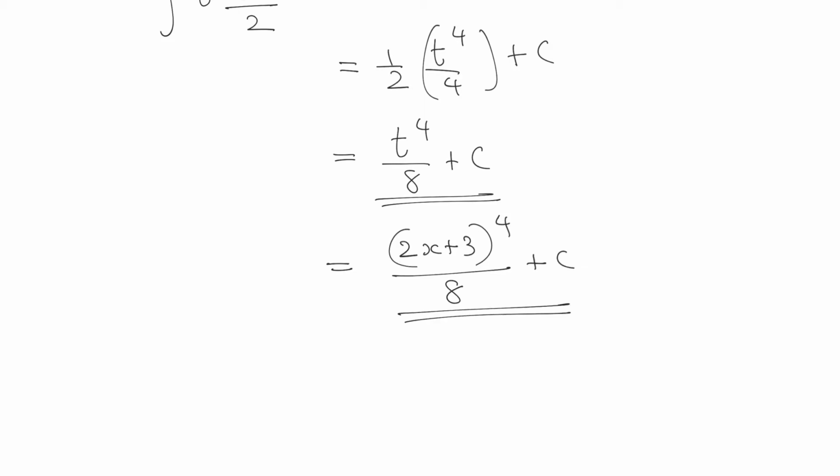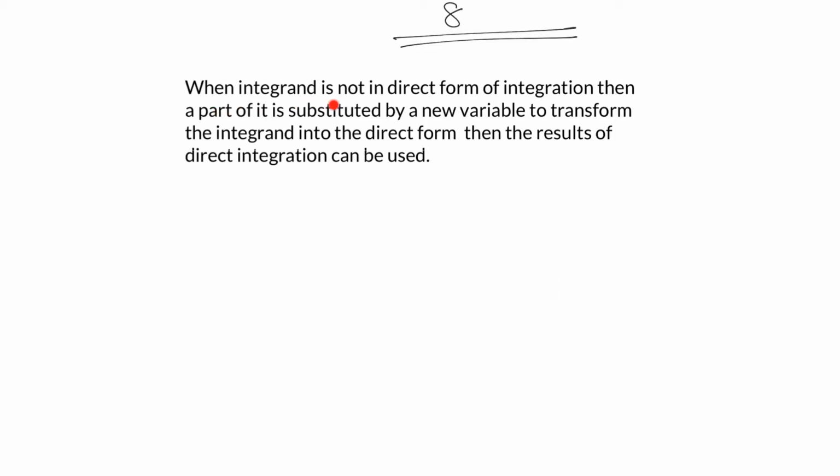So we can write integration by substitution is nothing but, when the integrand is not in direct form of integration, a part of it is substituted by a new variable to transform the integrand into direct form of integration. Then the results of direct integration can be used.